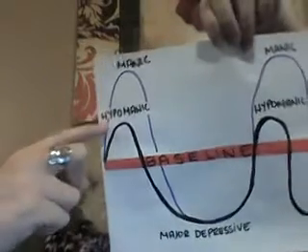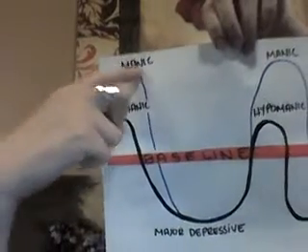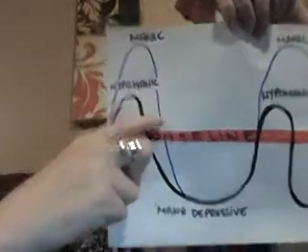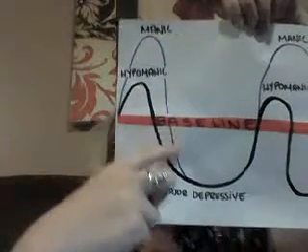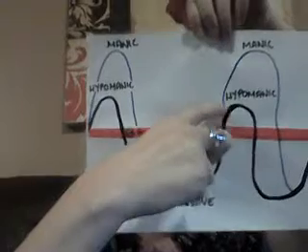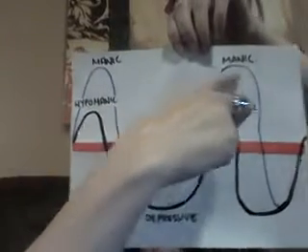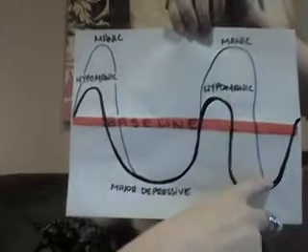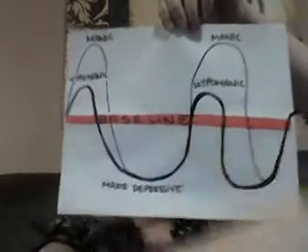So we have the blue line here, which shows a more severe depiction of manic, which obviously is much more severe than a hypomanic episode, and again dips down to a major depressive episode. But when they experience their high elation, it becomes manic again rather than hypomanic, and then dips back down to the major depressive episode.